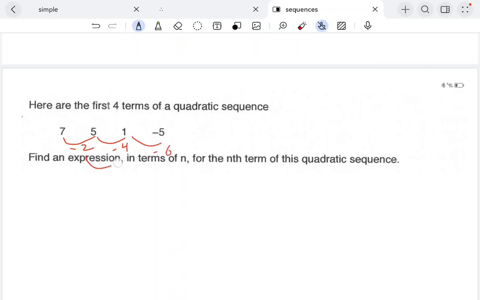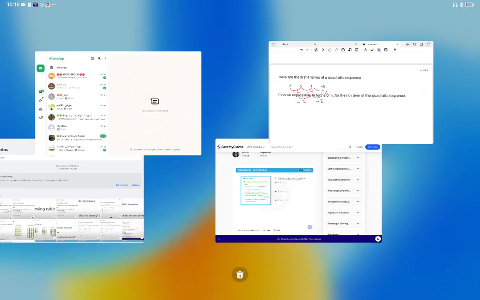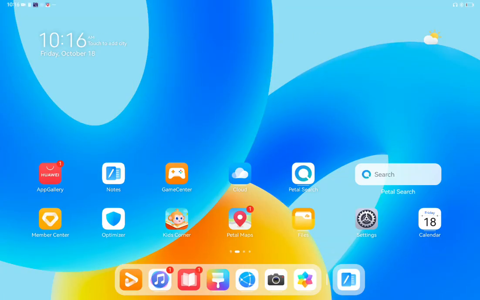So the second difference: from negative 2 to negative 4, that's going to be minus 2 only. From negative 4 to minus 6 is negative 2. Don't forget, whenever you feel confused, use the calculator if you are not sure, if it's paper 4.